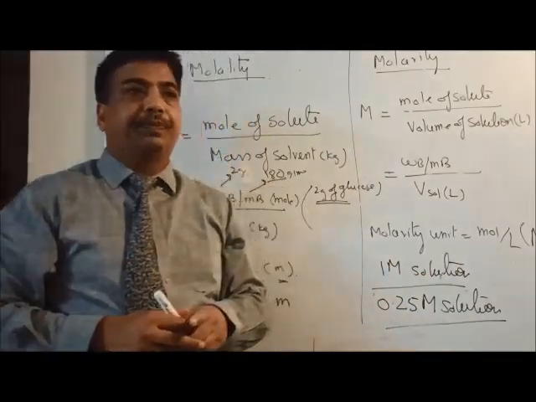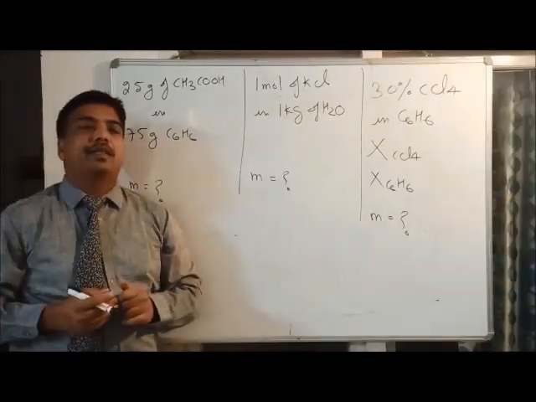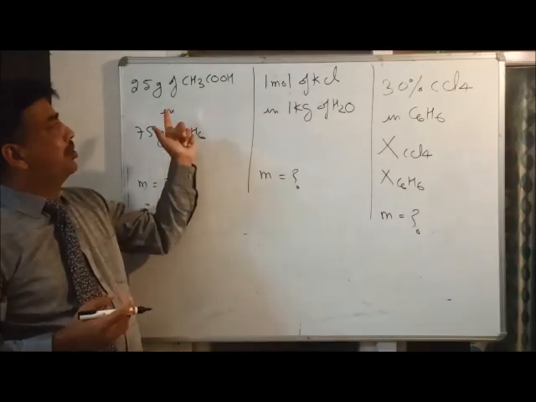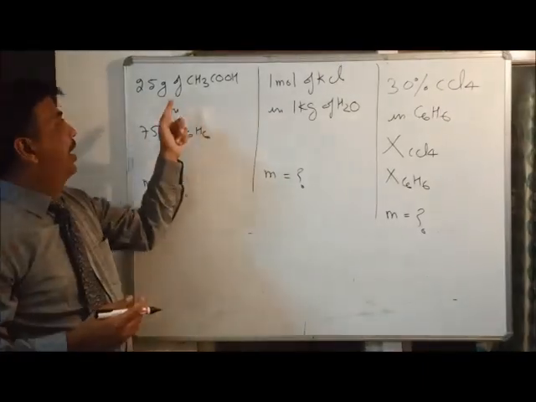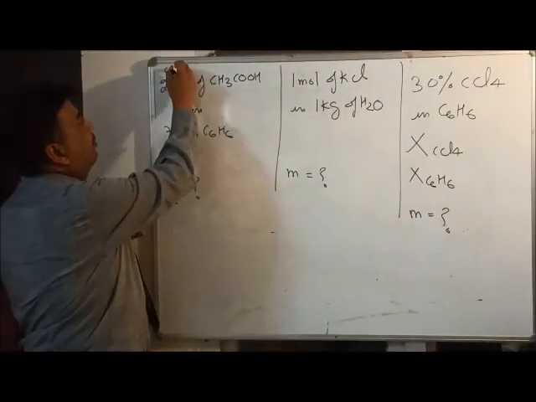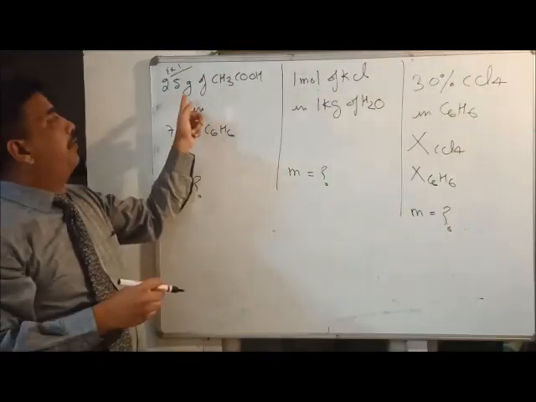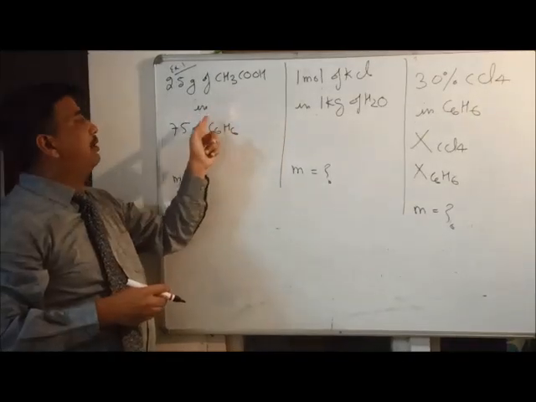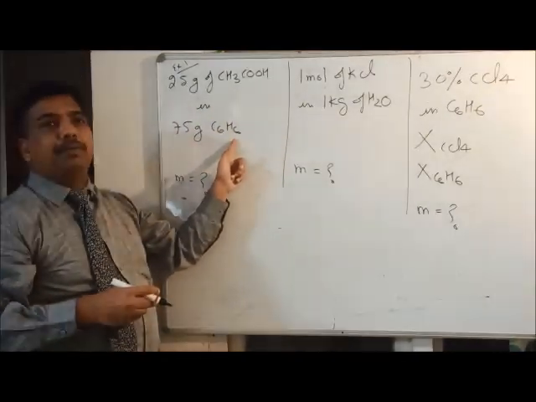Right? Yes, students, after learning this definition and formula of molality and molarity, please try to solve these problems. In the first case, in example 1, 2.5 gram of CH3COOH is dissolved in 75 gram of benzene.